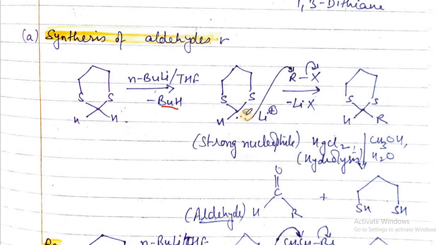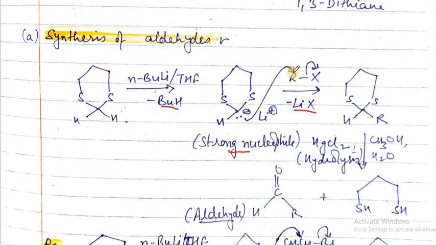So electron pair with negative charge and lithium is associated here. Now this negative charge is present, so this acts as a strong nucleophile, and this nucleophile then reacts with alkyl halide, in which through this electron pair it forms bond with alkyl group, and this halide is removed and it combines with lithium as lithium halide.